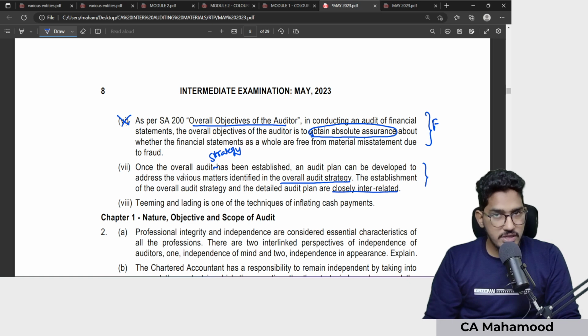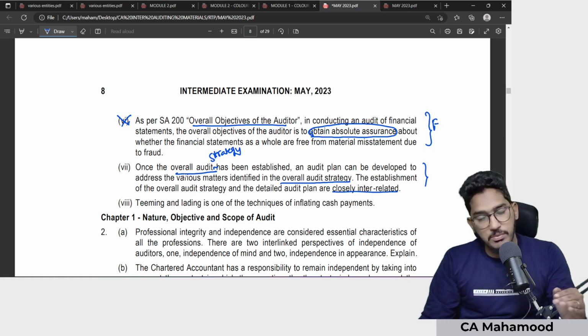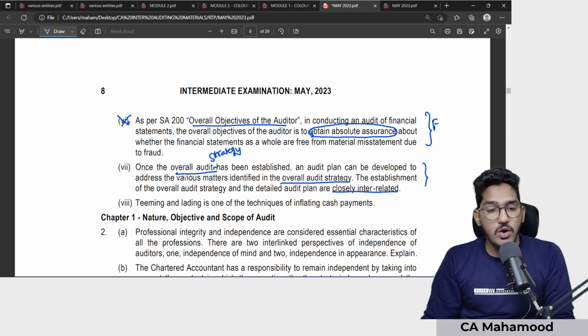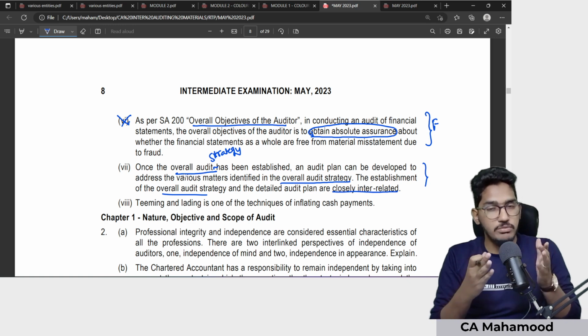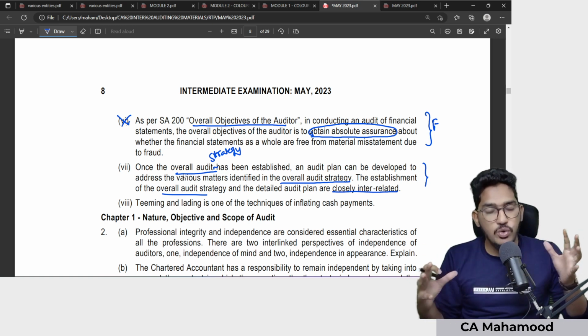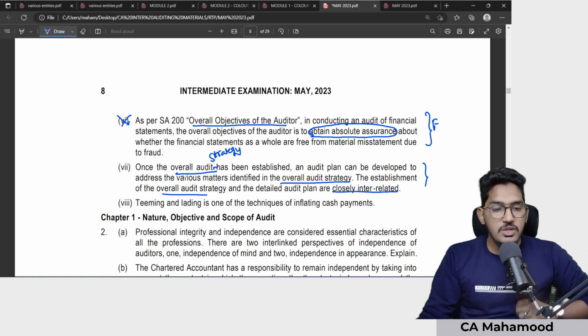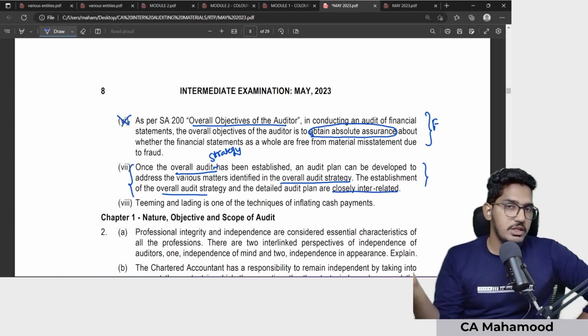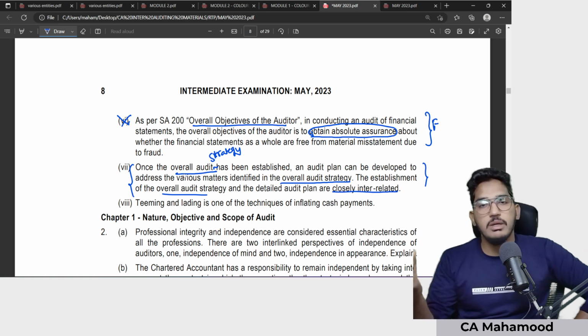Why? Because first we will develop the overall audit strategy. On the basis of that audit strategy, we can develop the audit plan. And as we know, audit strategy and audit plan are not two discrete phases of audit. They are closely interrelated with each other. So the given statement is true. First the auditor will establish the strategy. On that basis, we will develop the audit plan.